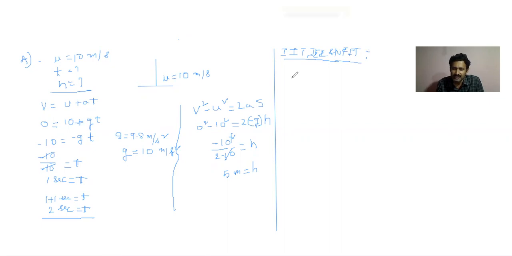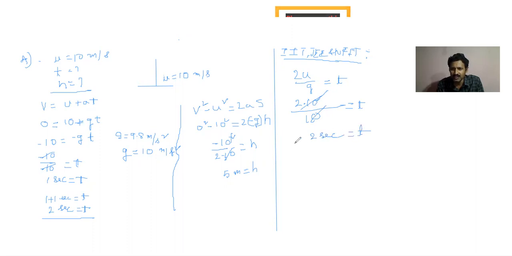For the time of flight, we know the formula is 2u by g equals time of flight. So directly apply here: 2 into u, which is 10, the initial velocity, by g, which is nearly 10, equals t. So this 10 will cancel out, and 2 seconds is the time. This is the first one.